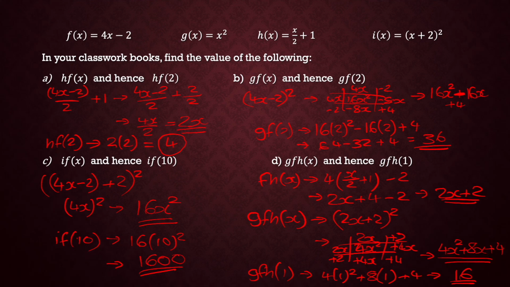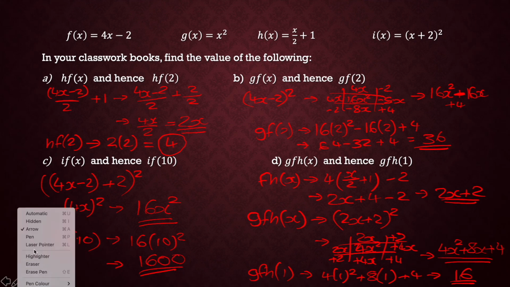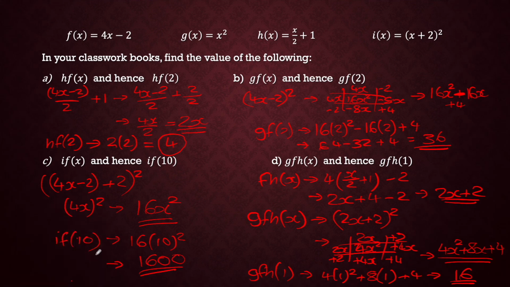The only other bit that you do need to be aware of, guys, okay, is potentially when you get down to something along the lines of, for example, if you've got down to getting hf of x, they may ask you, rather than this bit here, they may instead ask you for the value of x when hf of x equals 10, for example.